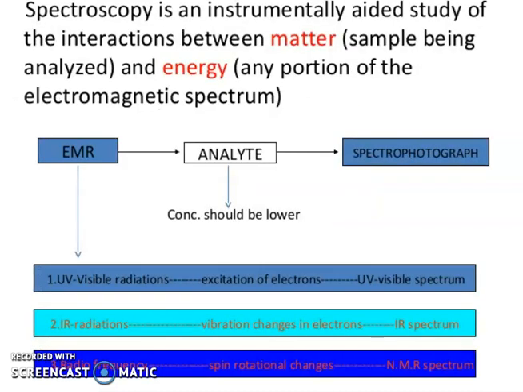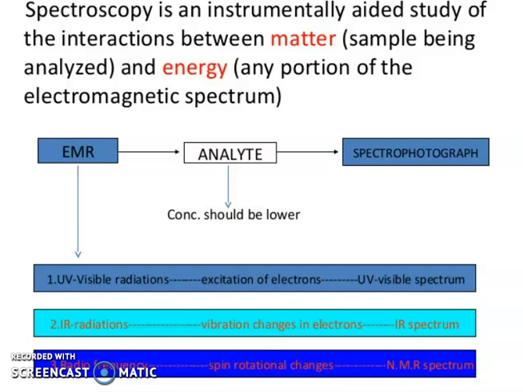So my friend, spectroscopy is an instrumentally aided study of the interactions between matter, the sample being analyzed, and energy, any portion of the electromagnetic spectrum. You can see EMR, the analyte, whose concentration should be low, and a spectrophotogram graph.